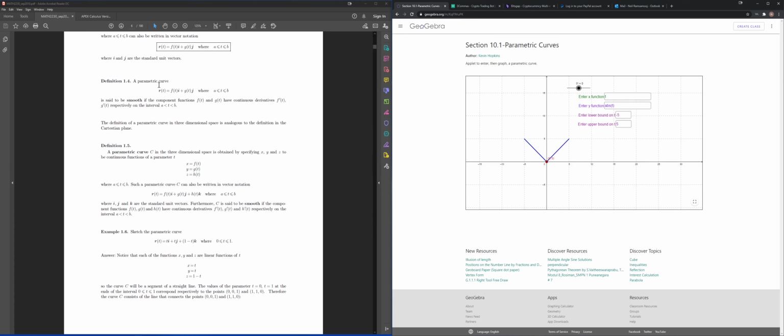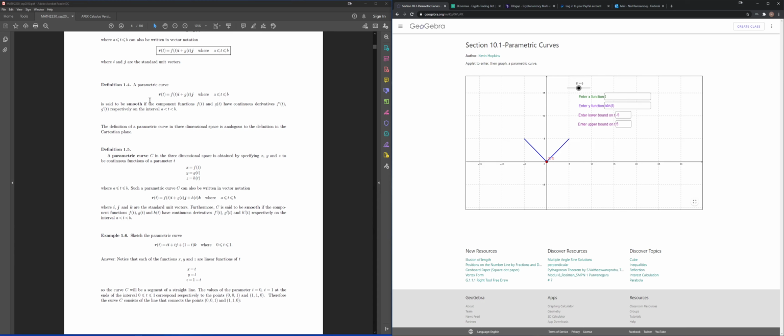A parametric curve in the plane specified in the vector form that I previously talked about is said to be smooth if your component functions, in other words, the x function over here and the y function over here, the g of t, have continuous derivatives on the interval a to b. And the check is actually not including the endpoints, it's just what's lying strictly between a and b.